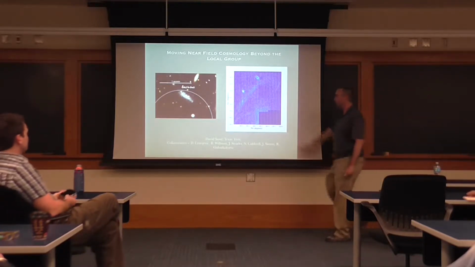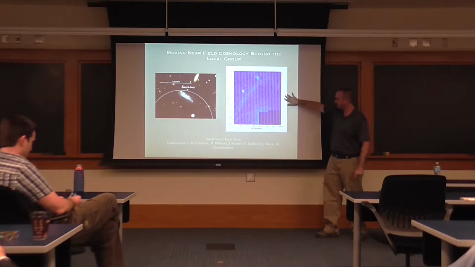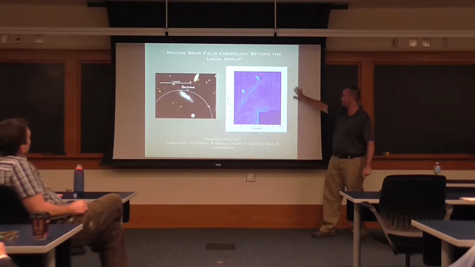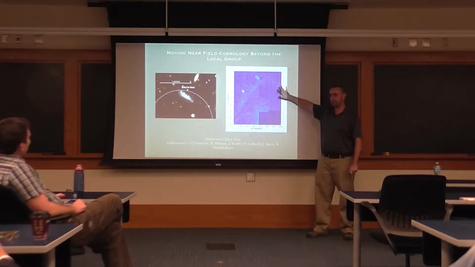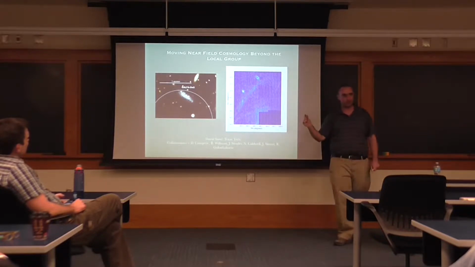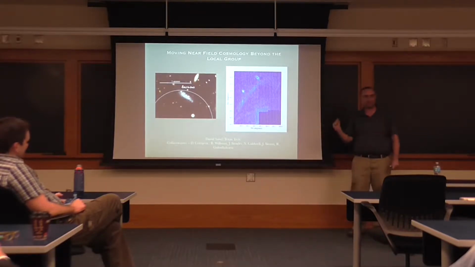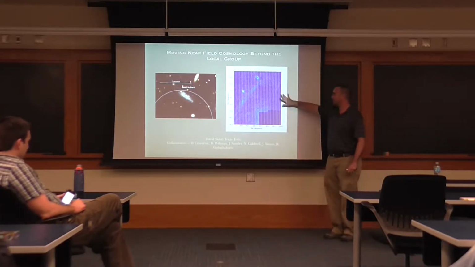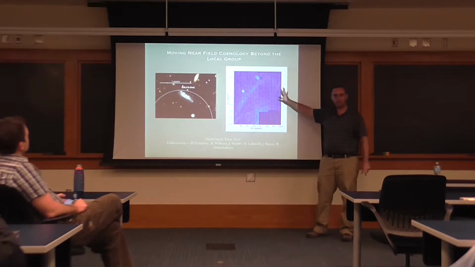What I have here, this figure did not come out very well. I'm sorry about this ringing, or whatever it is. What you see here is a red giant branch map of individual stars, red giant branch stars, in the halo of Centaurus A, the nearest elliptical galaxy to our own. These pixels are not some kind of smooth surface brightness map.